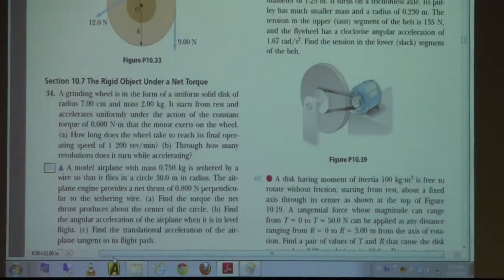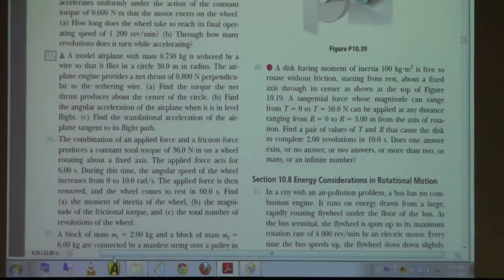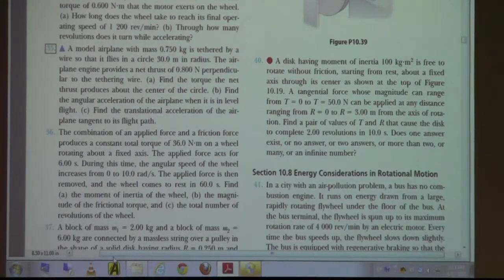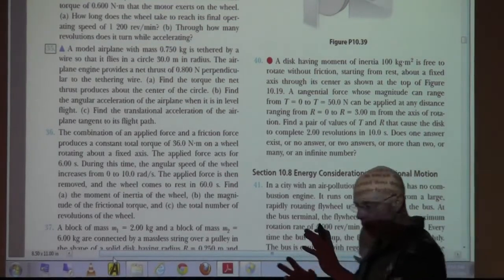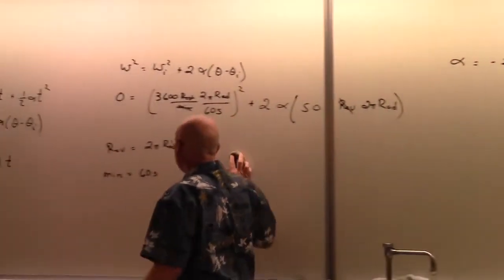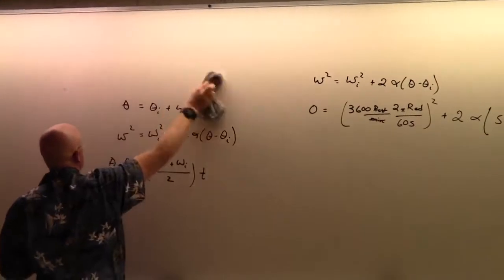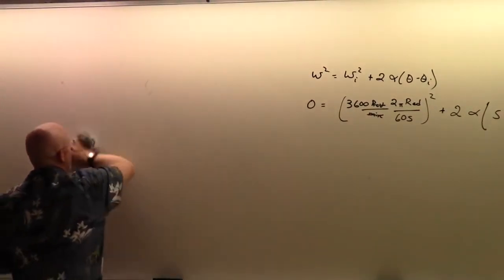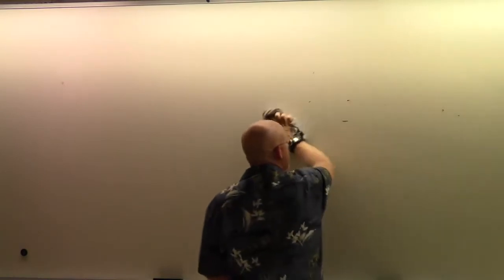And then we looked at that connection between things rotating and translating, that if we had something going in a circle, we could look at its translational speed as it goes in its circle, or we could look at its rotational speed.